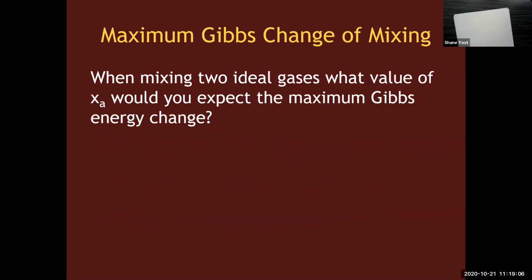So when do you think you'll get the maximum Gibbs free energy change, for what mole fraction of A? What type of mixture? Like a 75% mixture, 10, 80 or 90, 40, 60, 50? What type of mixture would you expect to have the maximum free energy change for mixing?